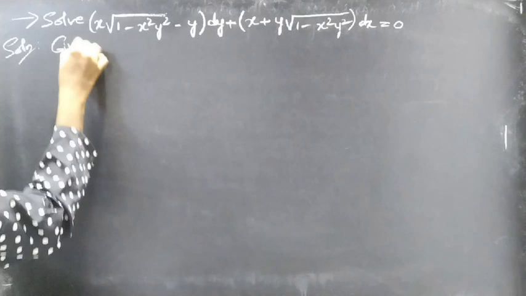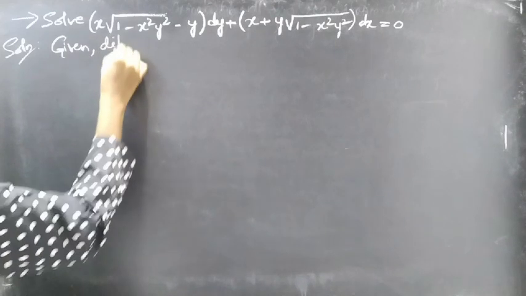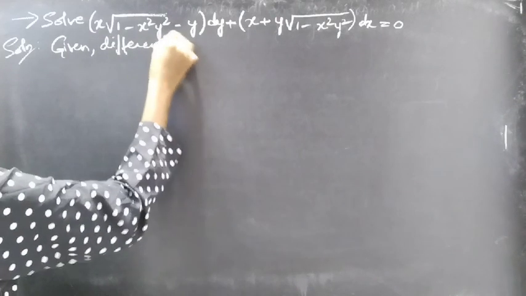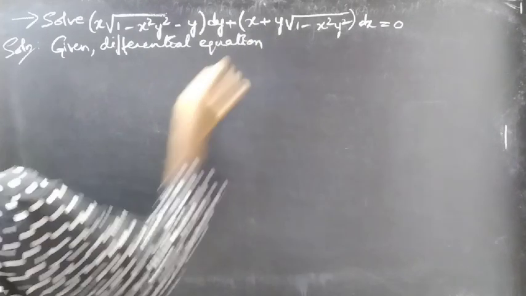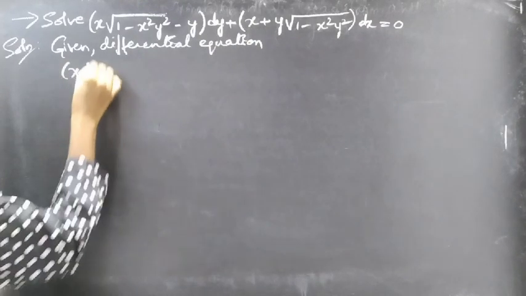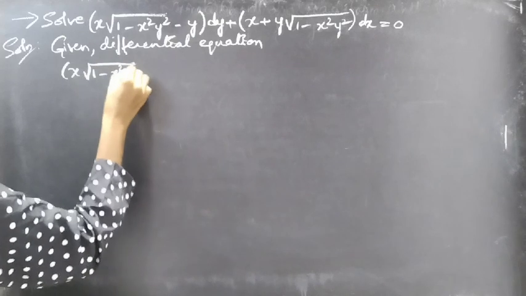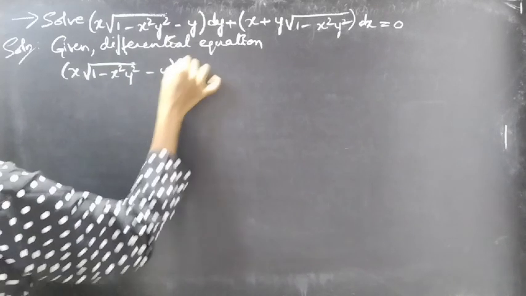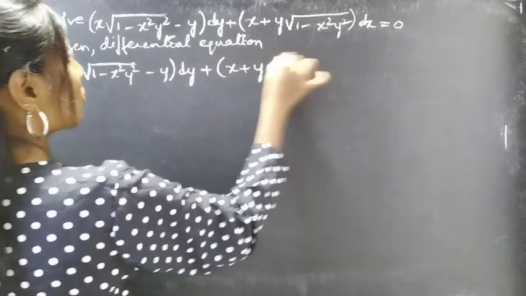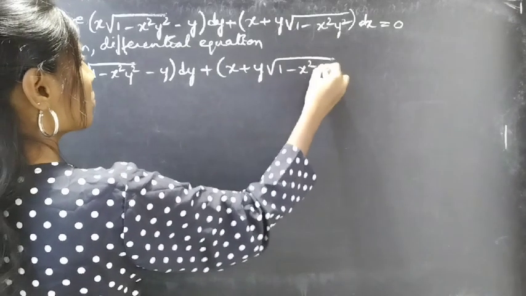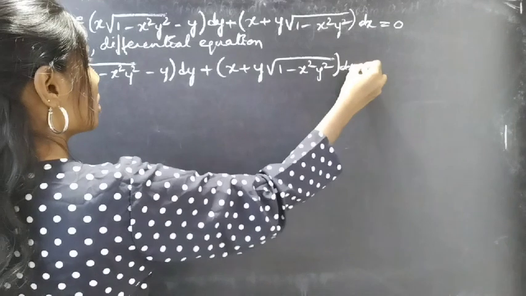Given differential equation, x into square root of 1 minus x square y square minus y into dy plus x plus y into square root of 1 minus x square y square into dx equals 0.